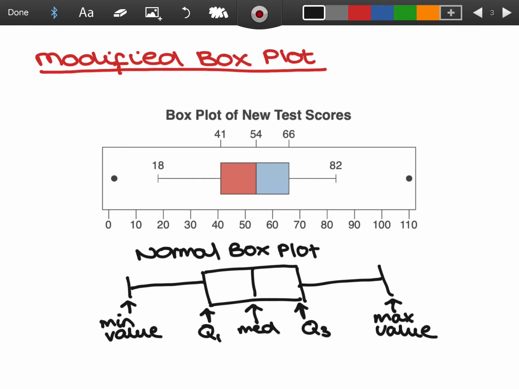Okay, so a modified box plot, what that does is instead of taking those whiskers, those lines, all the way out to the minimum and maximum values, it actually plots out the outliers and just makes those lines, the minimum and maximum value lines, go out to the next largest and smallest data points that are within 1.5 times the interquartile range below Q1 and above Q3.